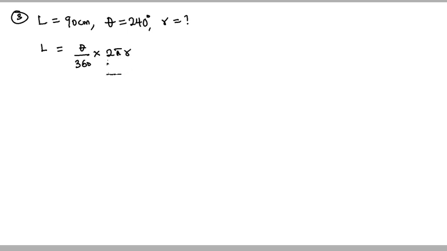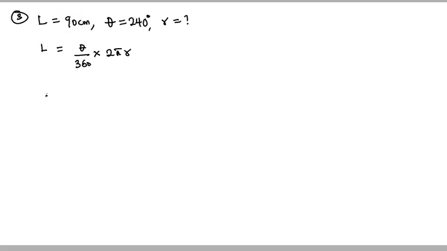Always read the question to know what you are asked to find. Mind the keyword. The keyword in this question is length of an arc, so your mind should strike at theta over 360 times 2 pi r. So my L here, the length, is 90, so I'll call it 90.